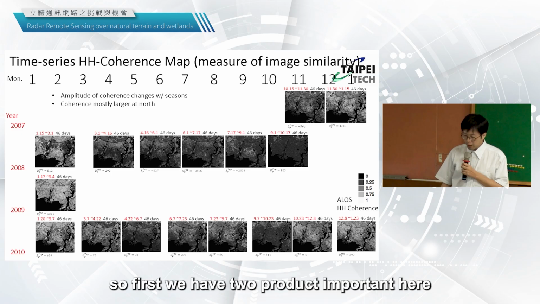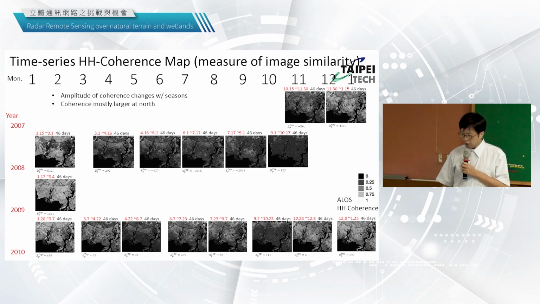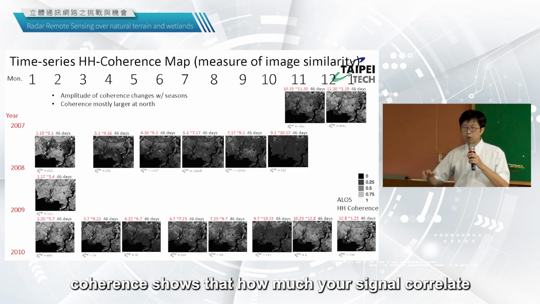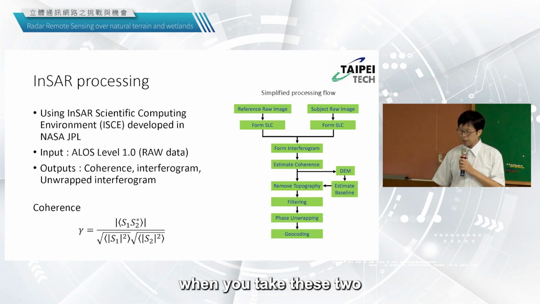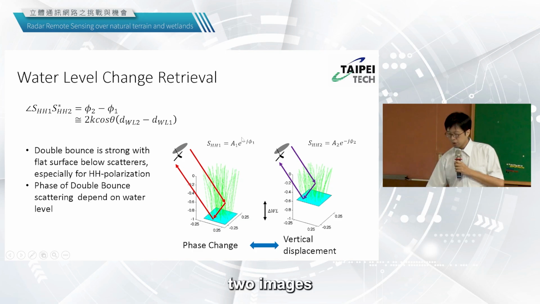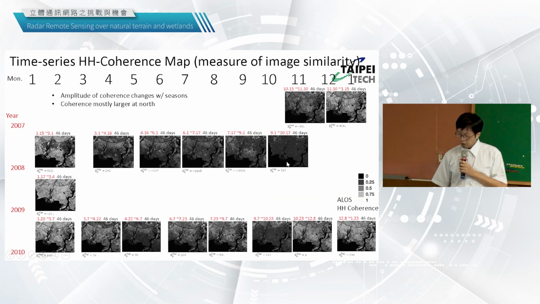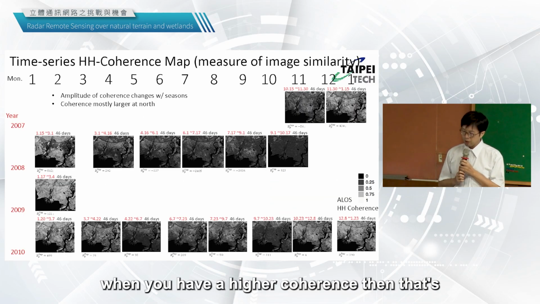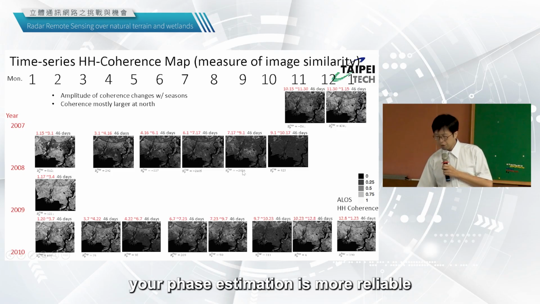So first, we have two important products here. First is the coherence. Coherence shows how much your signal correlates when you take these two images. When you have a higher coherence, your phase estimation is more reliable.